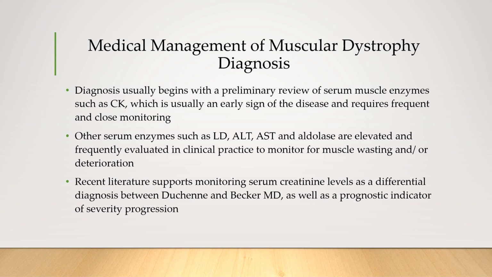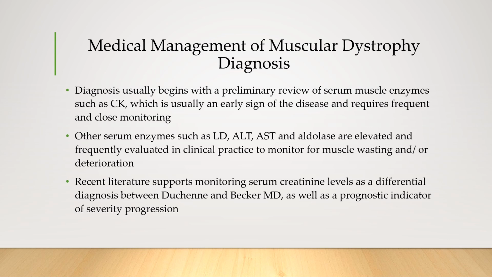So, medical management, diagnosis. Diagnosis usually begins with a preliminary view of serum muscle enzymes such as CK, which is usually an early sign of the disease, and it will require frequent and close monitoring.